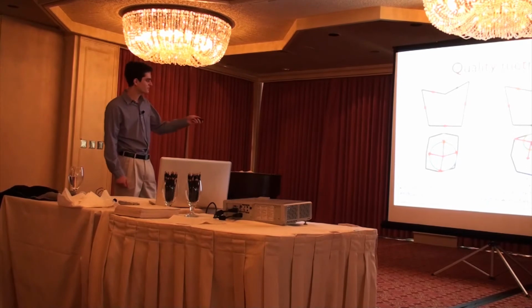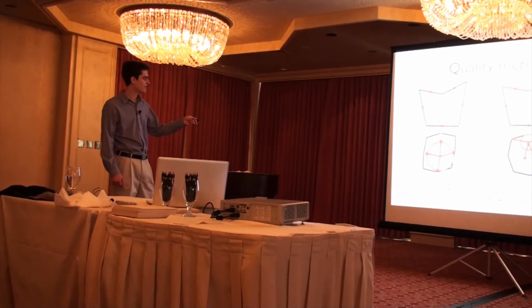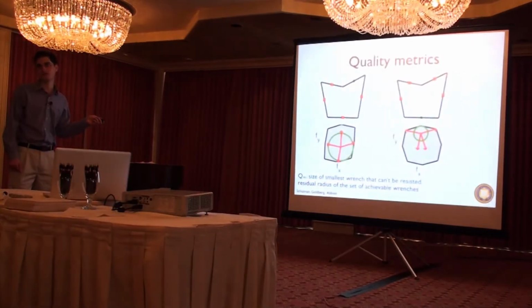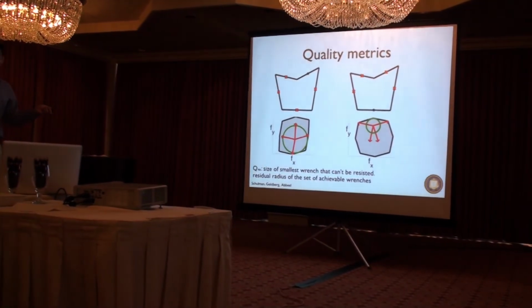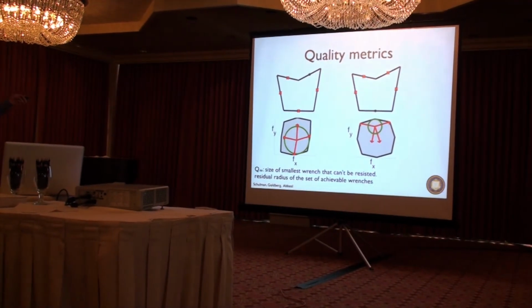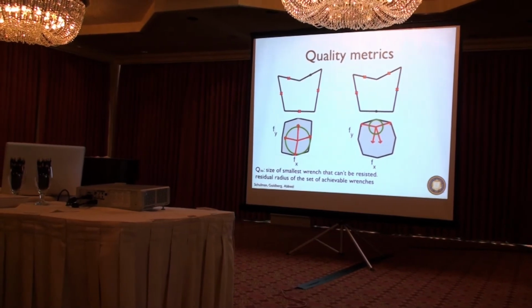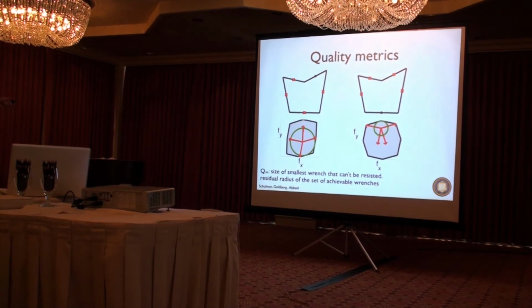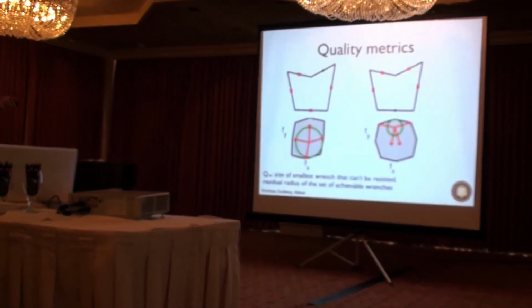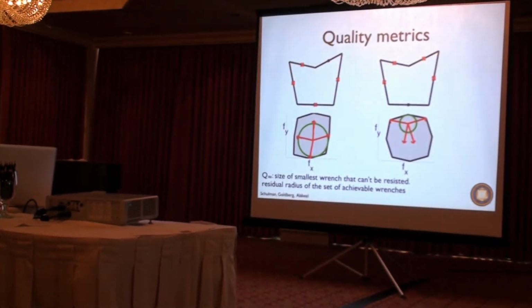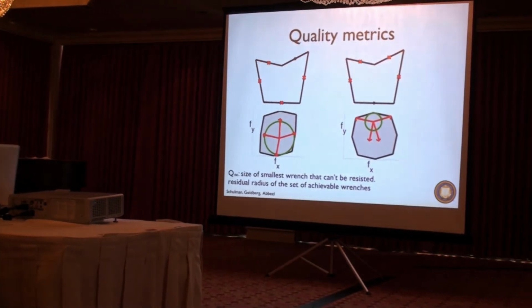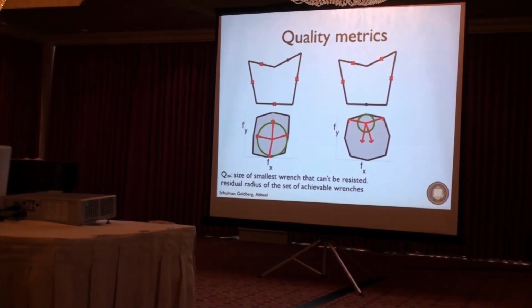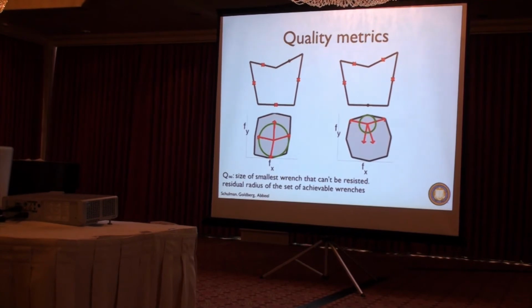And these red arrows are the wrenches resulting from unit normal forces at the contacts. And the gray area, so we're going to consider this quality metric called Q infinity. And the way it's defined is you put a force limit on every contact. You say you're only allowed to exert 1 unit of force at every contact.